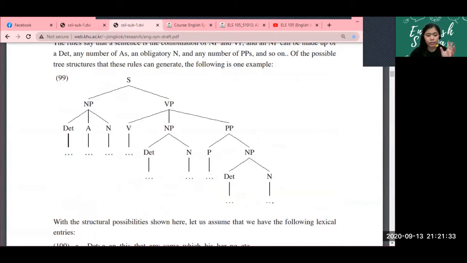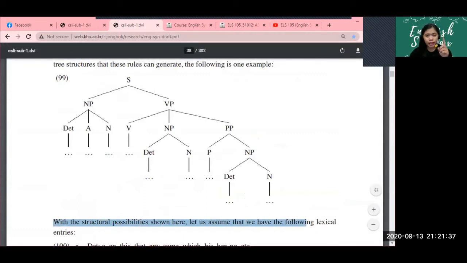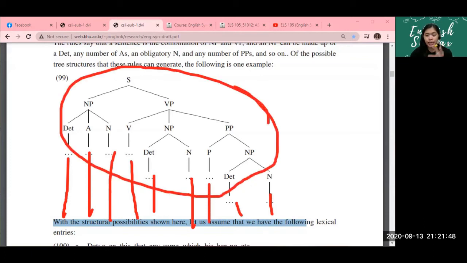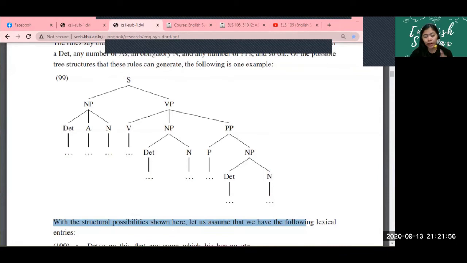Others write them below and use lines to directly connect them to the words below, and I'm totally okay with that. Both ways of writing tree structure rules are okay with me, as long as they are correct. That's the most important part in tree structure writing.